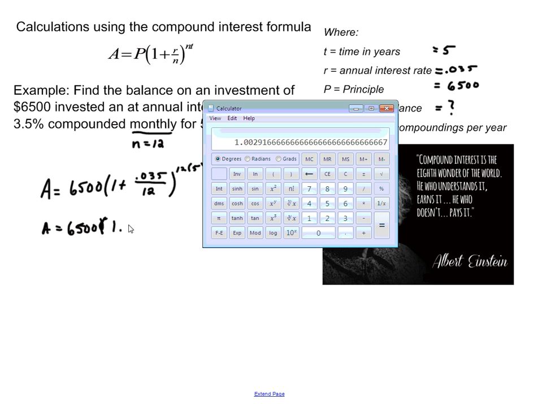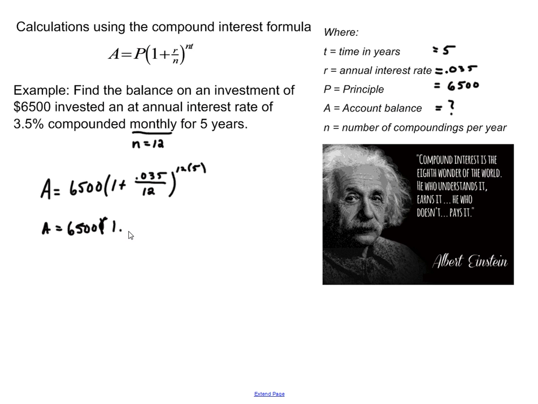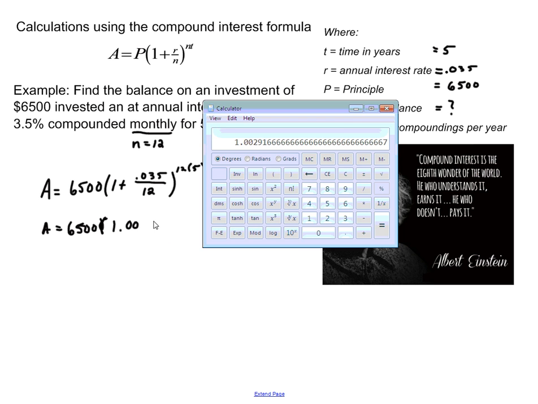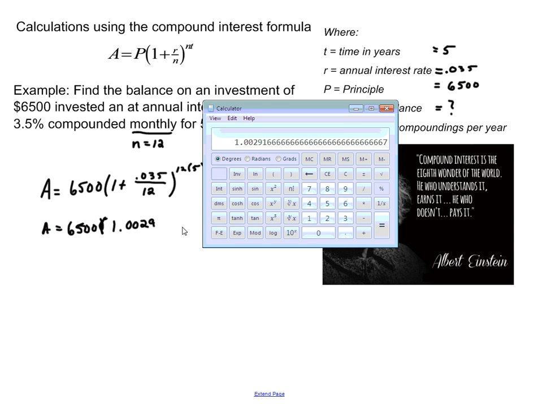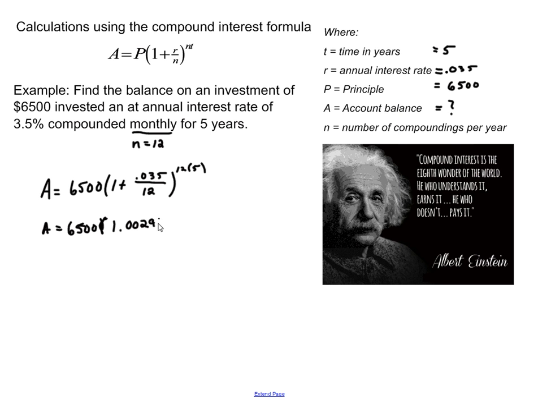If I were writing this out on my paper, I would write 0, 0, how many zeros there? 2 zeros. I have to keep looking back. 2, 9, I believe it was 1, 6, 7, right? Those 6s were continuing, so I'll write a 7 if I'm rounding it up, raised to the 12 times 5, 60th power.